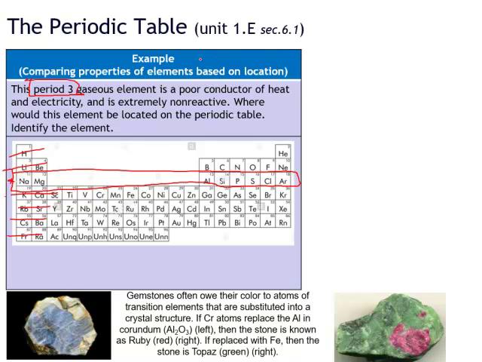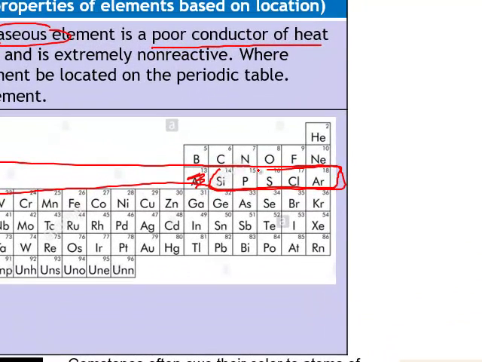It says it's a gaseous element, so it can't be a metal. So there's another hint here. Can't be a metal. And it's a poor conductor of heat and electricity. So it could be somewhere in this realm right here. Right now, silicon does conduct electricity. Now, how poor is it? It's kind of a subjective idea, but we'll find out.